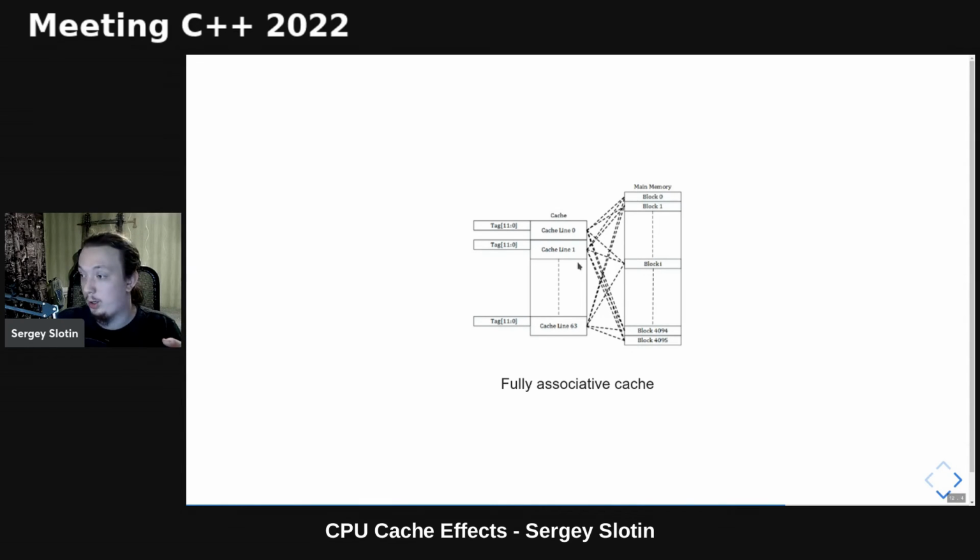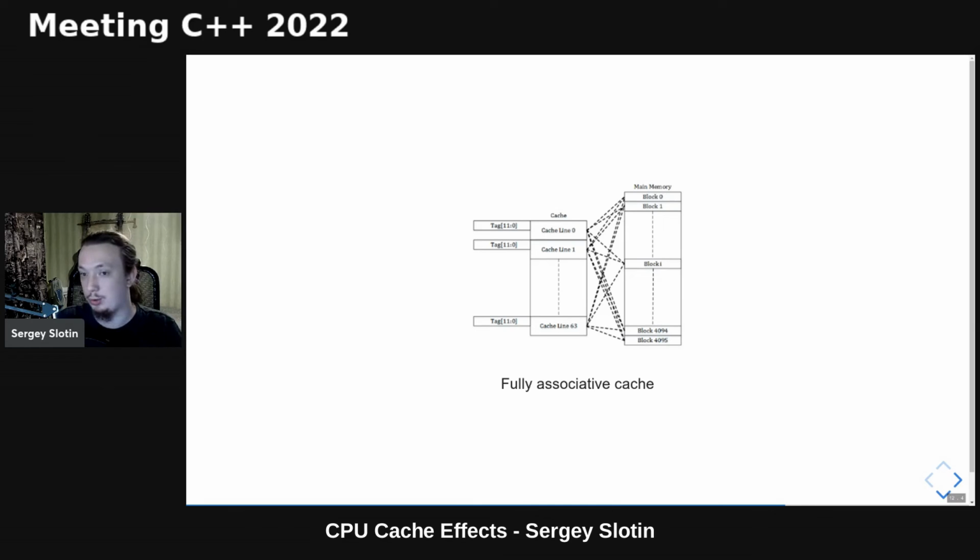The problem with fully associative cache is that implementing the find the oldest cache line among potentially millions operation is already pretty hard to do in software and just unfeasible in hardware.